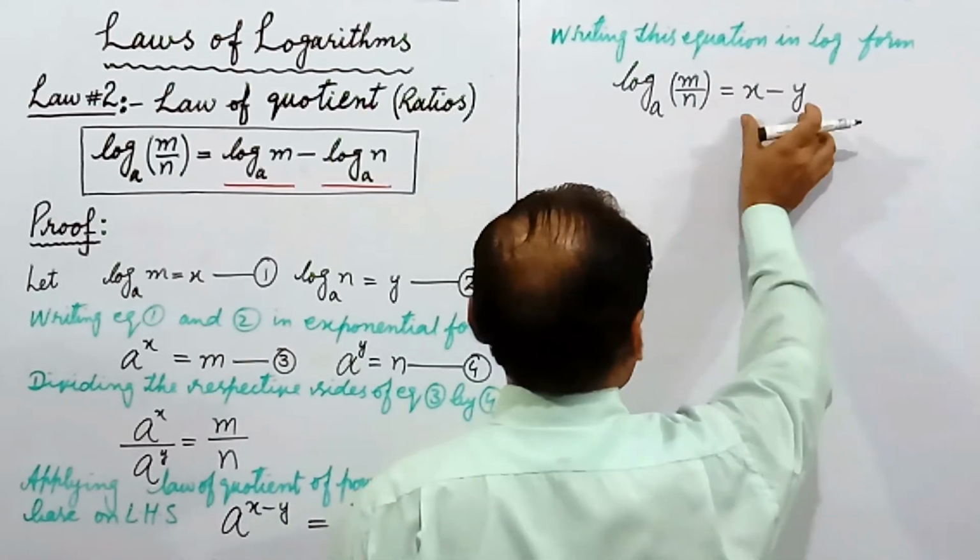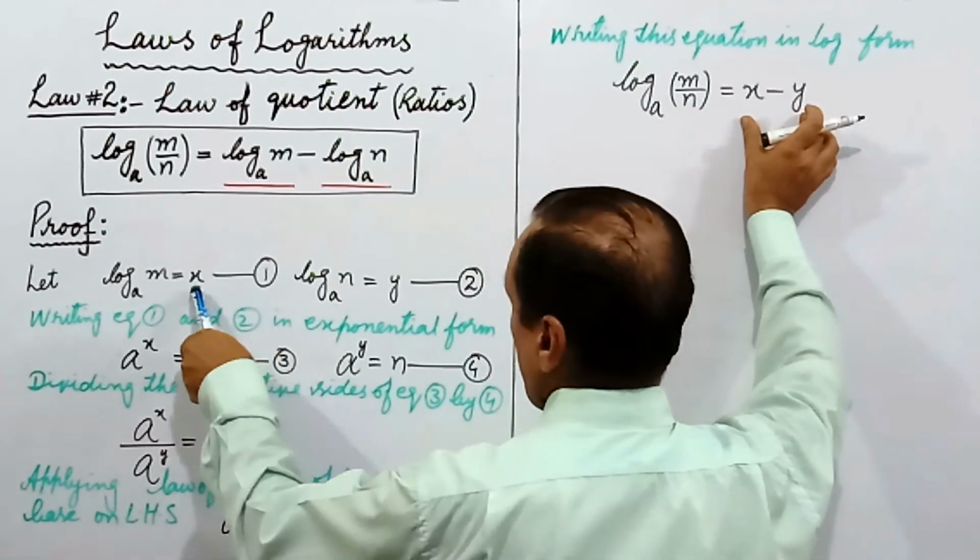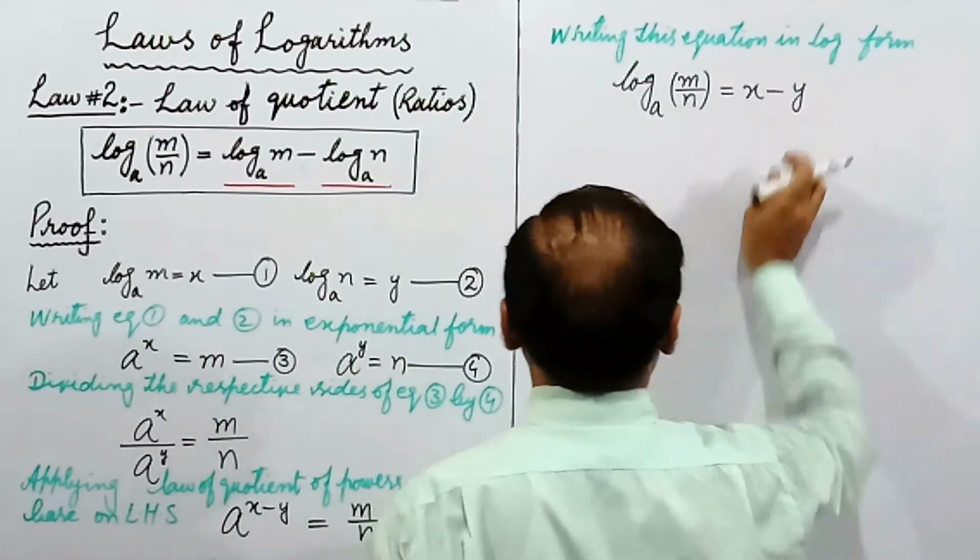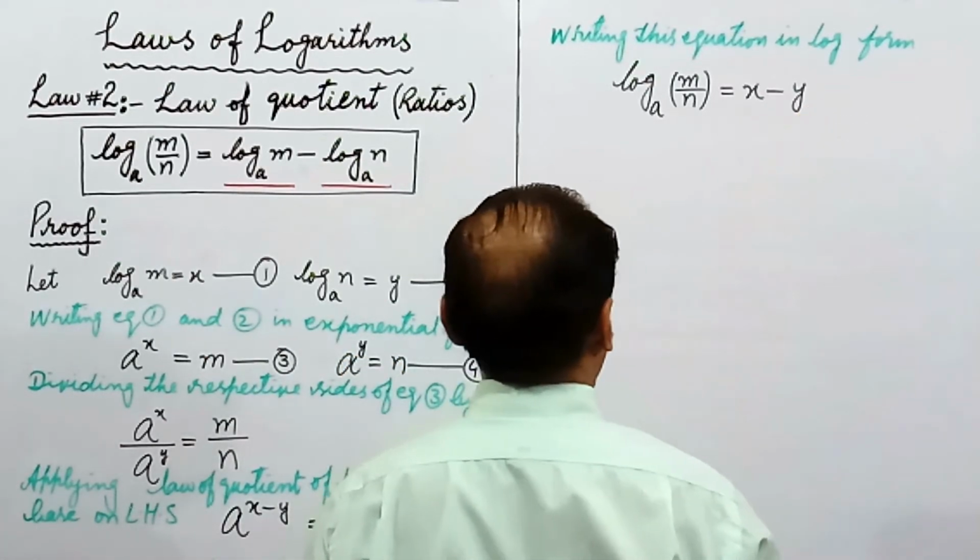We have the values of x and y in equations 1 and 2, so we put these values in this equation.